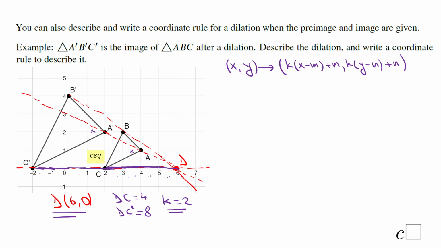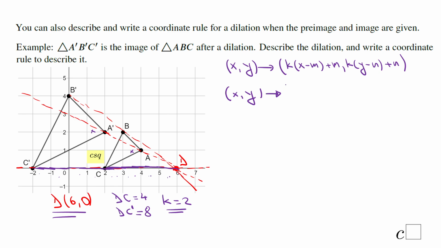We can also do an algebraic way: just take the points A, B, and C, A prime, B prime, and C prime, plug them in, and solve for M and K. So it is an algebraic process, which is not very easy. It takes a little bit of time. But now we have it, so I think we can just fill in the blanks here.